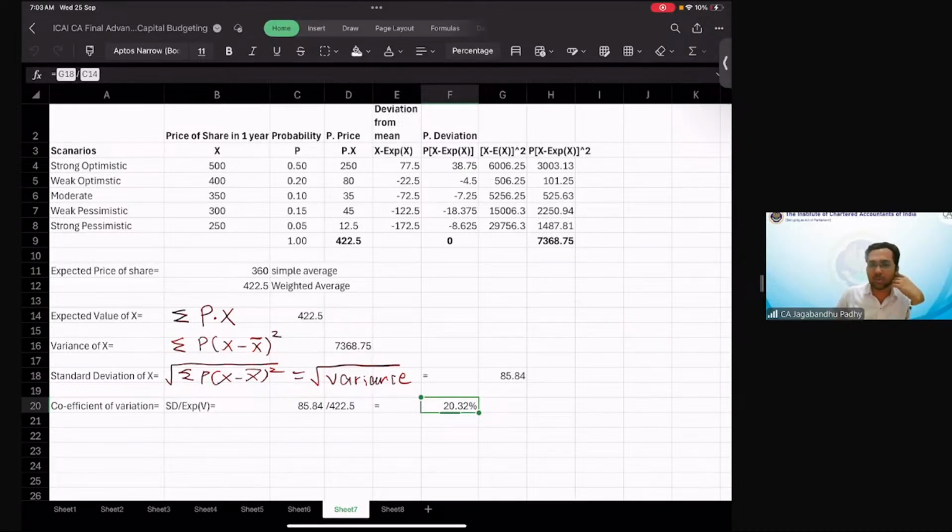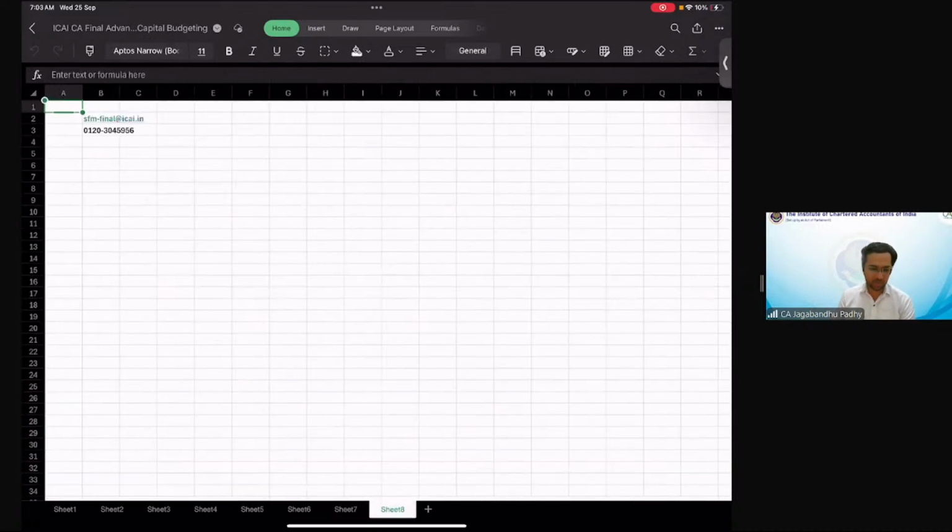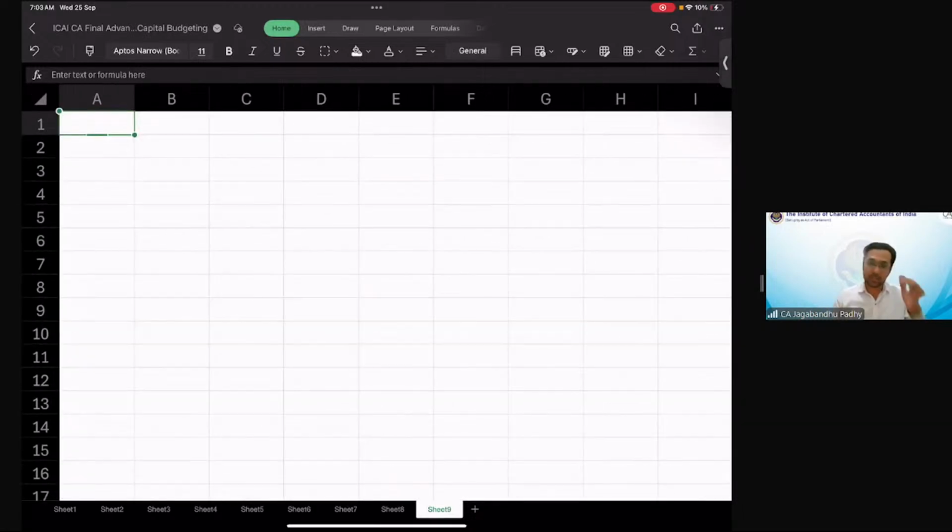Standard deviation was a standardized deviation from the mean, and coefficient of variation was calculated for the purpose of comparison between two projects or two such aspects. Okay. Now it's time for us today to take this capital budgeting tool of statistical analysis to the next level, and then discuss some more techniques of measuring the risk in a capital project.